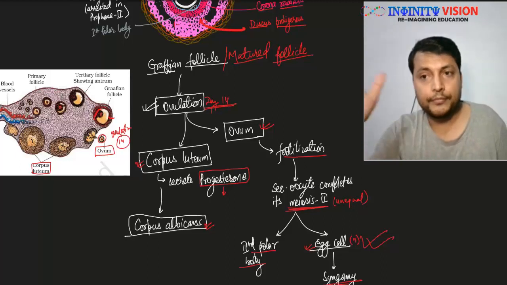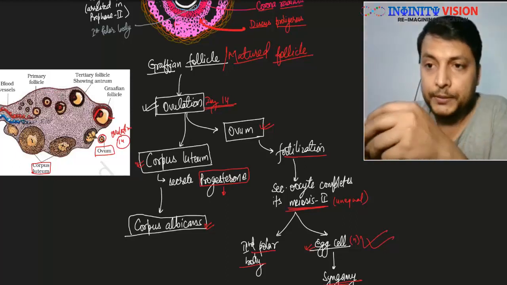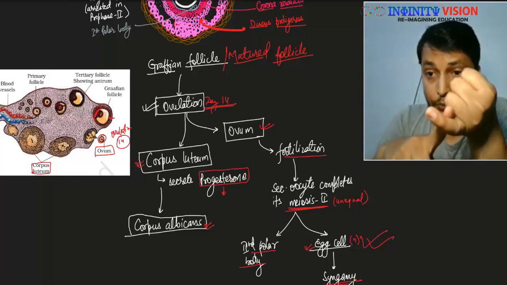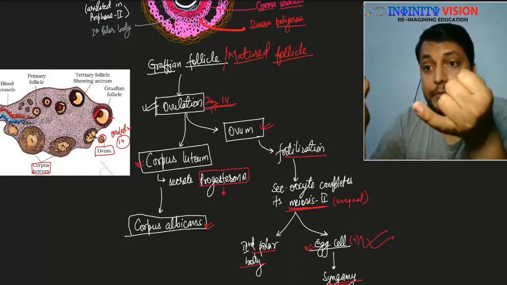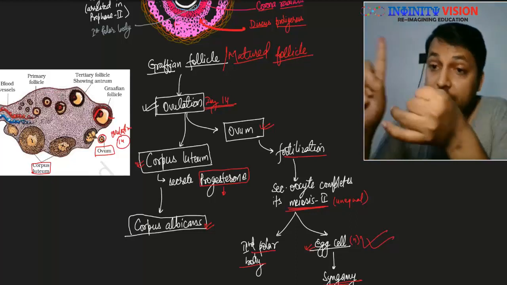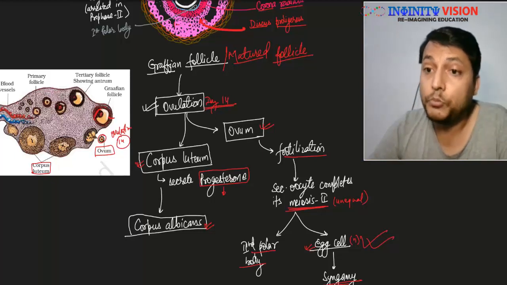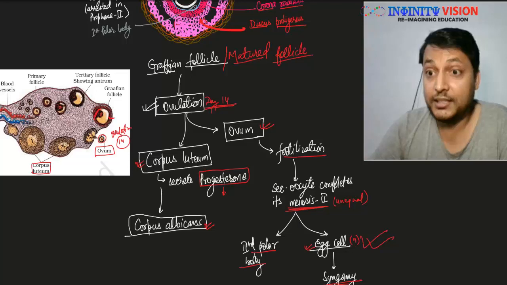Great, yaad rahega. Now, key points to remember here: primary oocyte is diploid, similar to primary spermatocyte. Primary spermatocyte and primary oocyte both are diploid. Secondary spermatocyte and secondary oocyte both are haploid. याद रहेगा, please याद रखिएगा इस बात को.